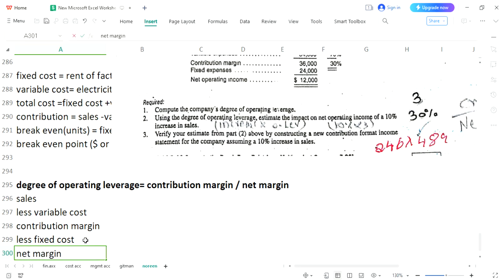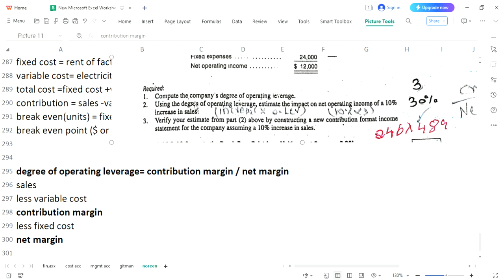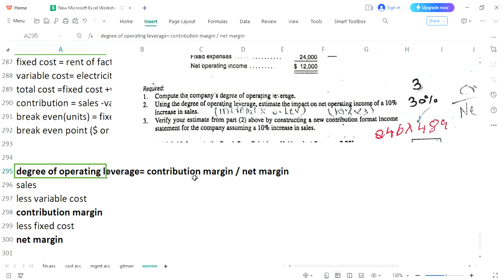So we are doing the same thing we did for the first question, and there is a new requirement. Read over here: compute the company's degree of operating leverage. This is the formula, dividing contribution margin by net margin. We already know how to calculate both, so we will put the amounts directly into this formula.